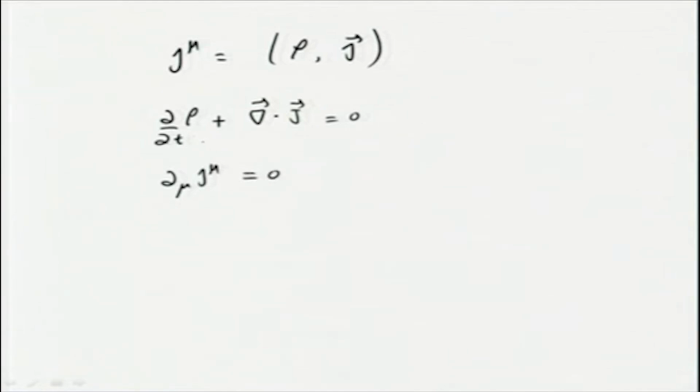You notice that between the spatial and temporal components, the 0th component and the 1, 2, 3 components, the sign is not minus but plus.